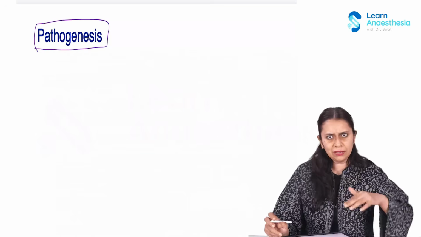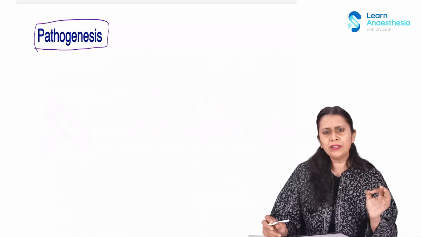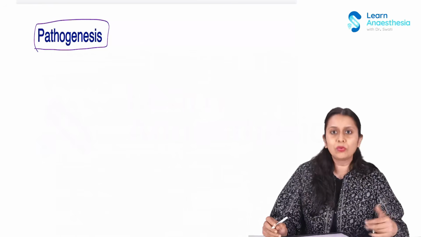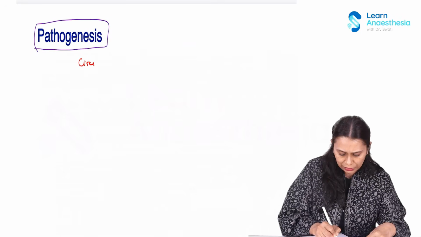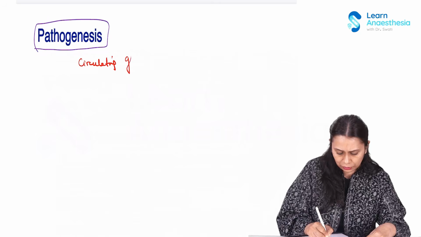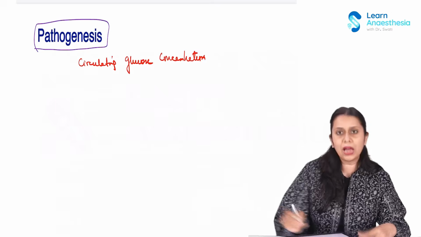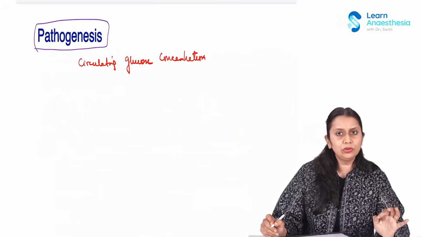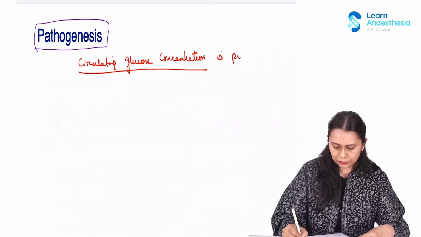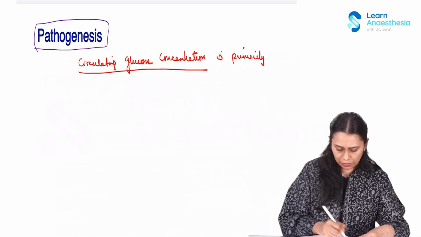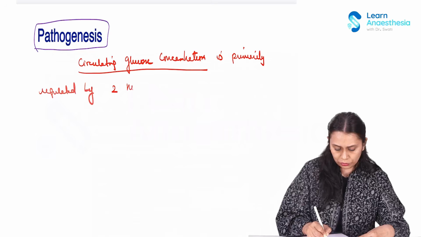So before discussing the pathogenesis of DKA and HHS, let us very quickly review how glucose metabolism takes place. The circulating glucose concentration in the blood is primarily regulated by two hormones.